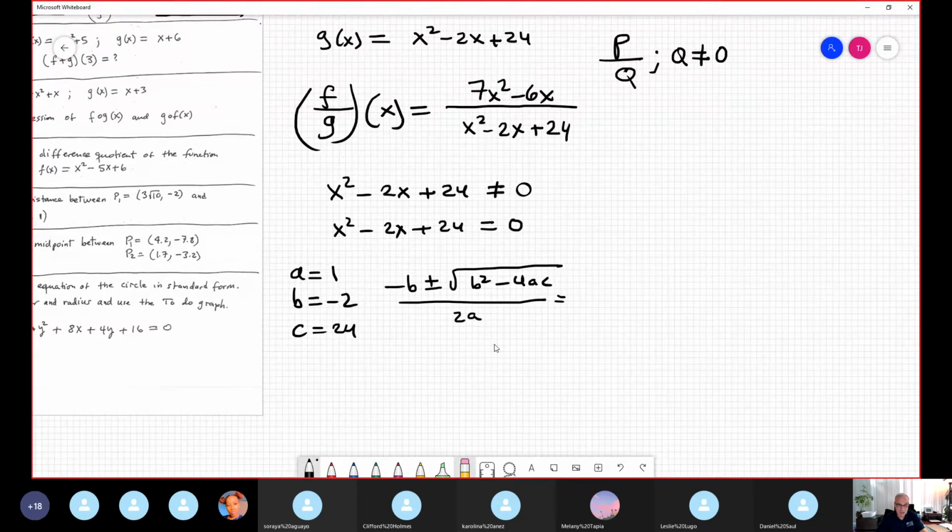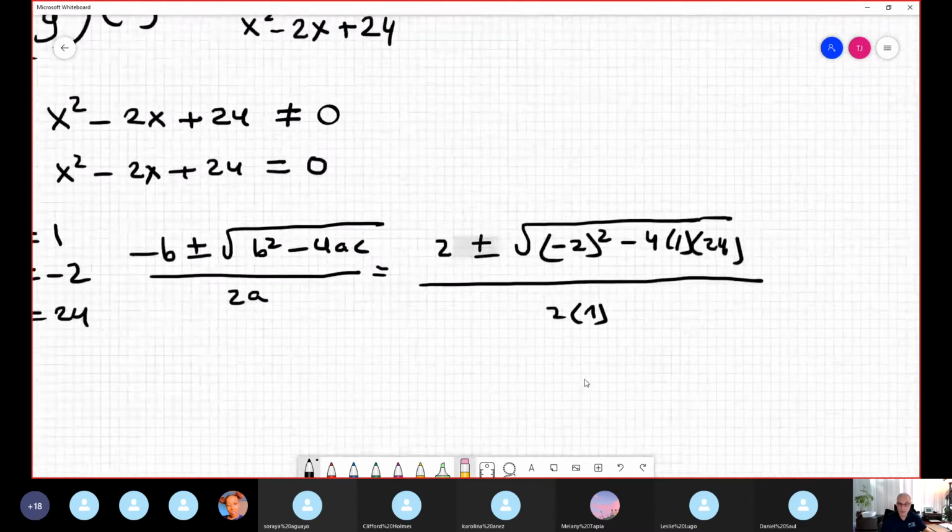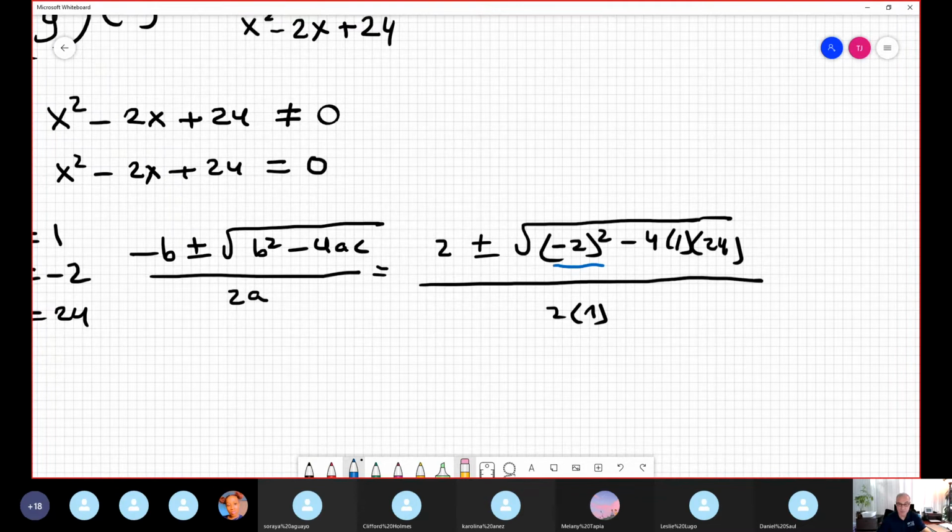So negative, double negative becomes positive, plus or minus the square root of negative 2 squared minus 4 times 1 times 24, divided by 2 times 1. I focus on the expression inside the radical. Of course, be ready with the calculator, because the number is relatively easy.